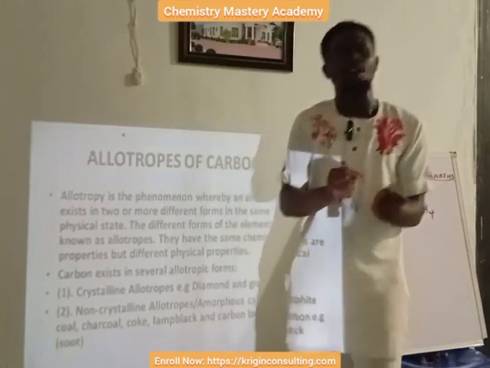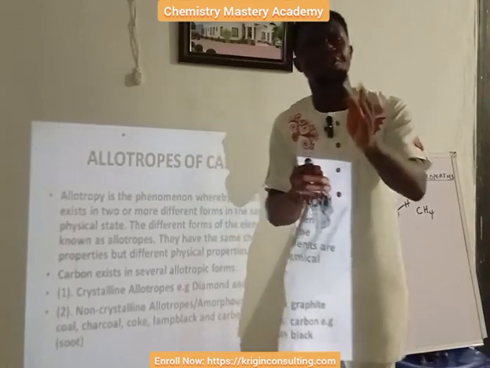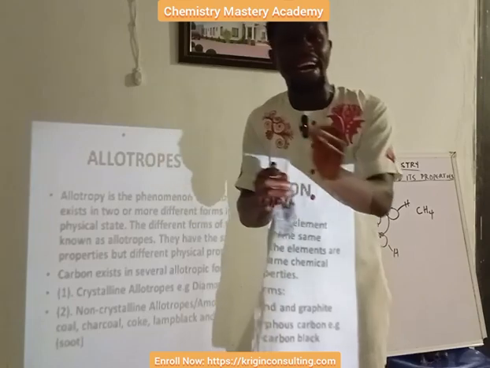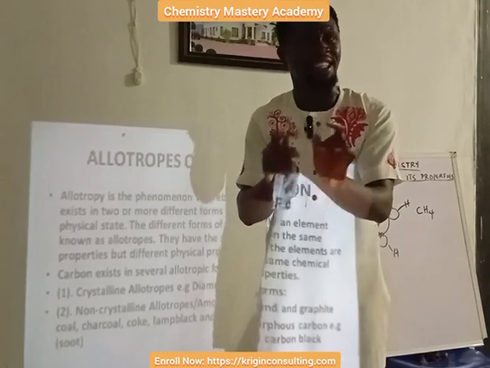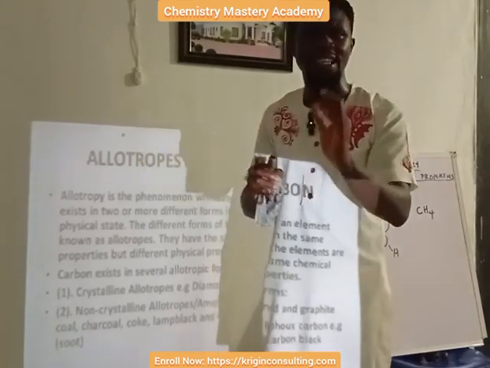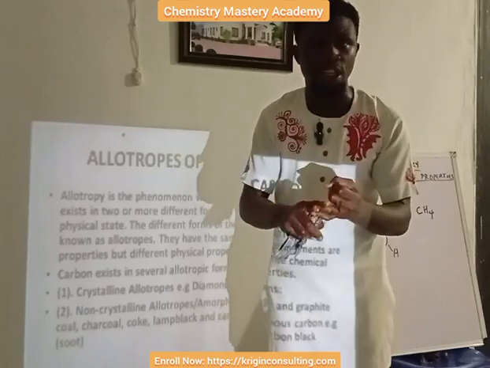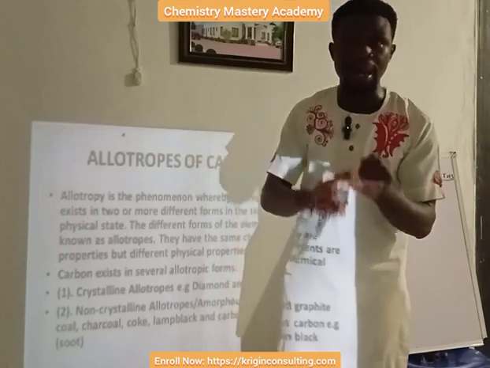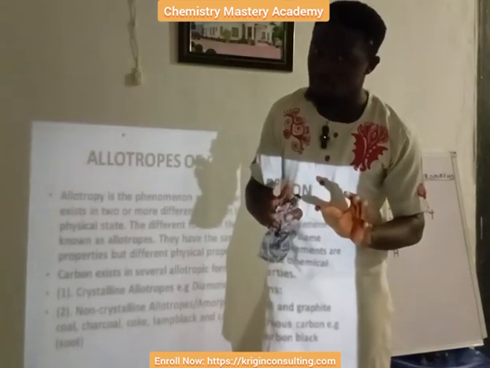So, we now have allotropes of carbon. Now, allotropes of carbon are those different forms of carbon that have the same chemical properties but different physical properties. A typical example of allotropes of carbon, we have diamond, we have graphite. Now, you agree with me that diamond and graphite, both of them are made up of carbon.